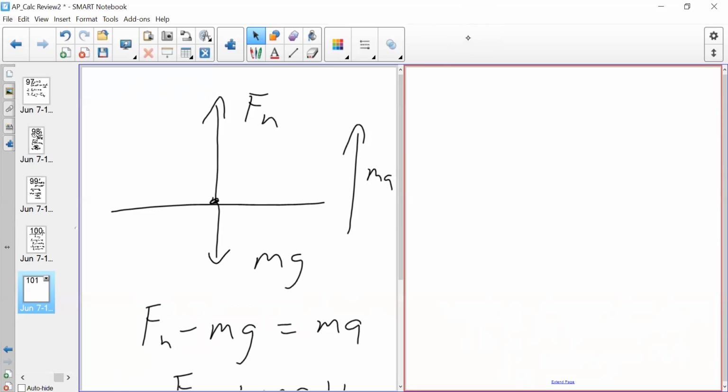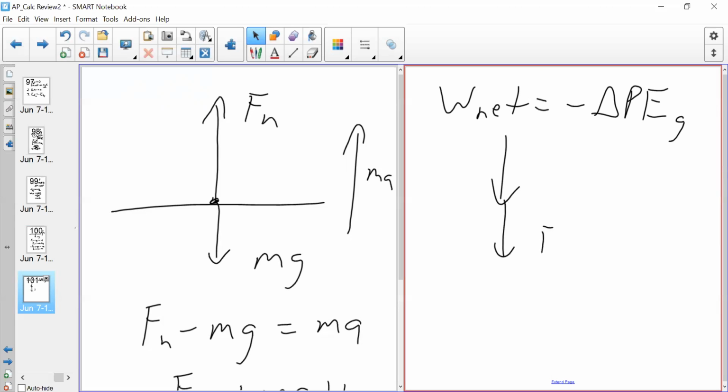Okay, so we talked about work, kinetic energy. Also in the vertical direction, we know that the work done by gravity, in most typical situations, is equal to the negative change of the gravitational potential energy. We are losing potential as the force of gravity does work.